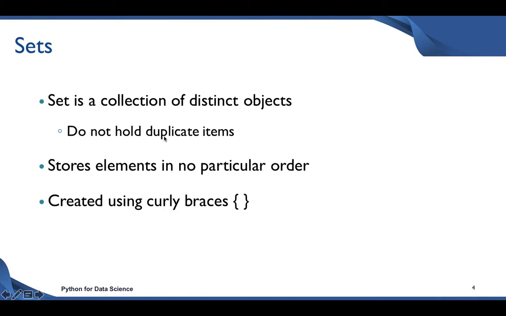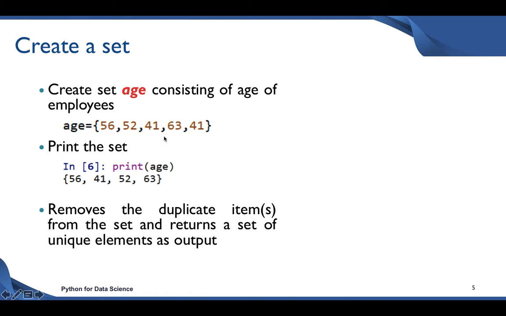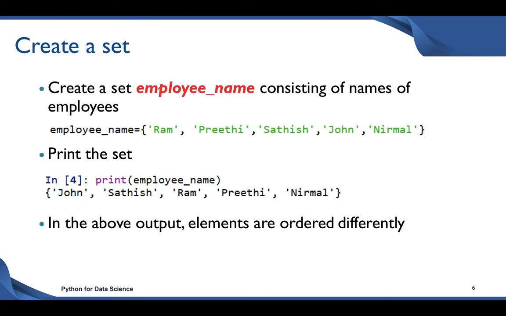So this is how we could create a set. If we want to print the set, as you have already seen, it removes the duplicate items and returns a set of unique elements as the output. Also we have seen that it does not hold any order, so elements have been ordered differently.